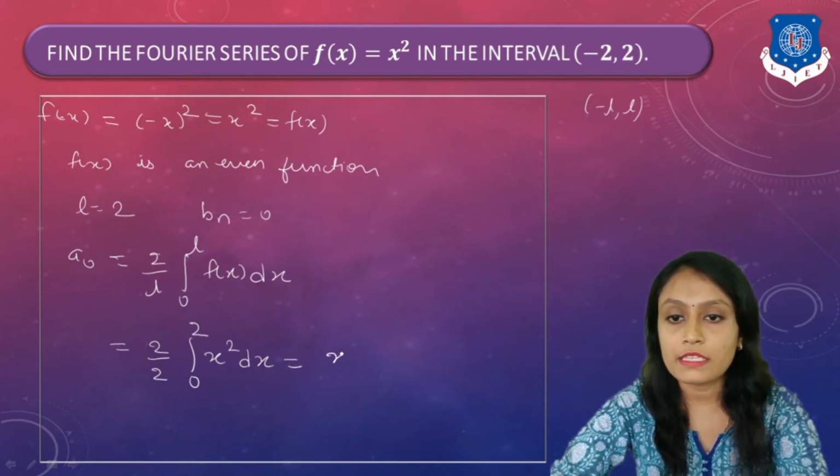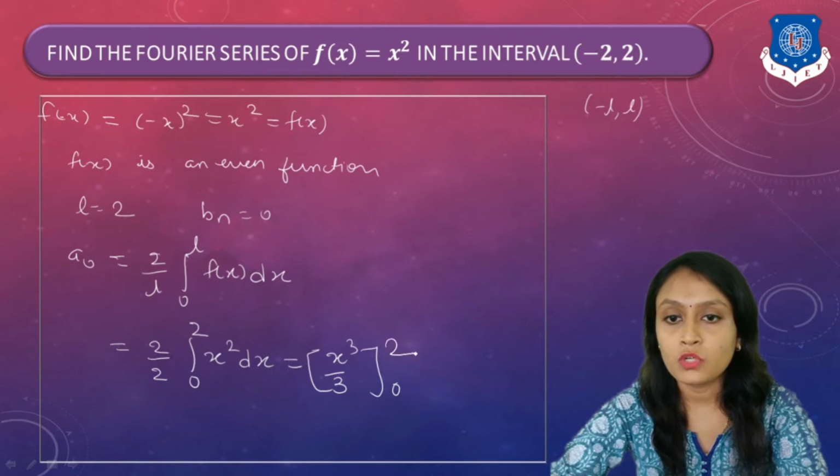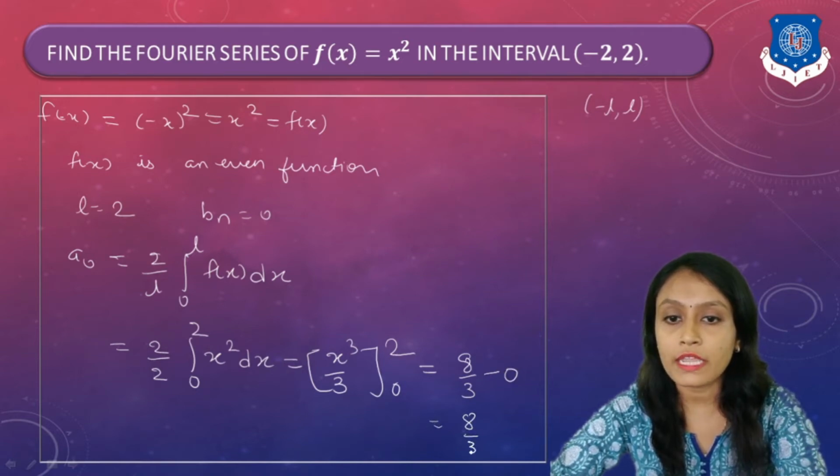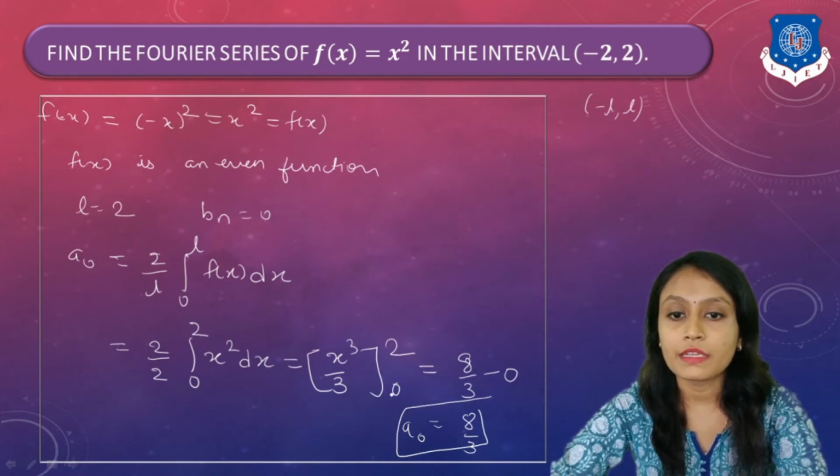So what we have as an integration here? We have x cubed by 3 and the limit is what? 0 to 2, right? So just substitute the limit. So here you will get answer 8 by 3 minus 0. So final answer for a0 is what? 8 by 3, right?